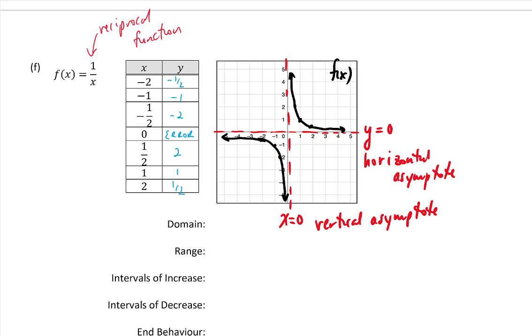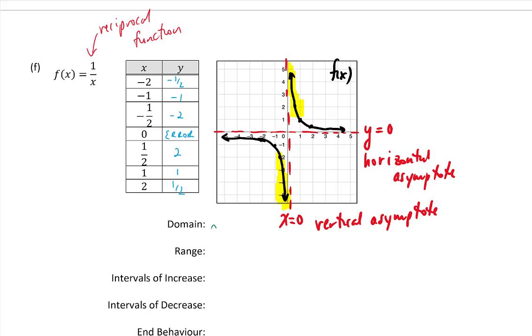And that is because as you approach x equals 0 from the left or from the right, we see as you approach from the right, this goes to infinity. As you approach from the left, this goes to negative infinity. So if a function shoots off into positive or negative infinity as it approaches a vertical line, that's what we call a vertical asymptote.